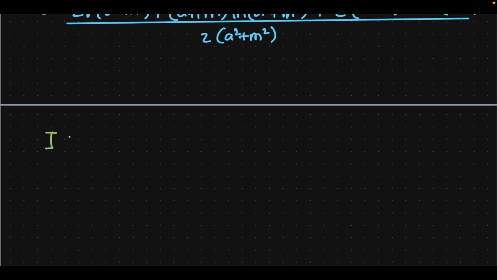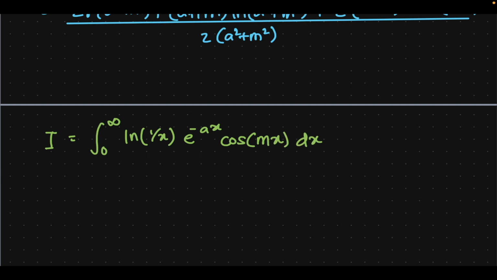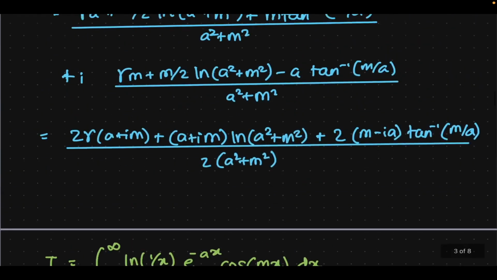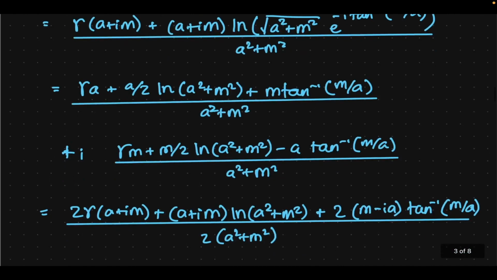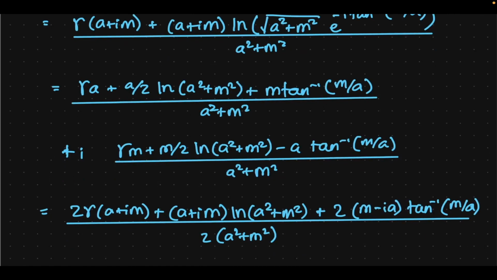What was originally asked of me, the integral from 0 to infinity of natural log of 1 over x, e to the minus ax, cosine mx dx, is basically going to be the real part, because e to the i mx is cosine mx plus i sine mx. So it's just going to be the real part here.